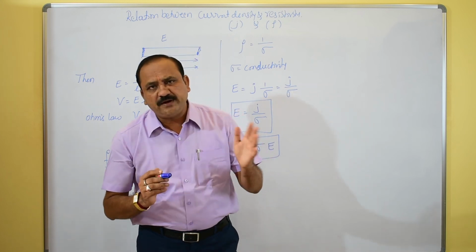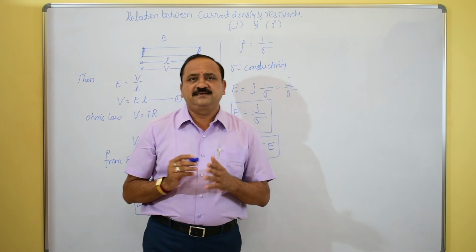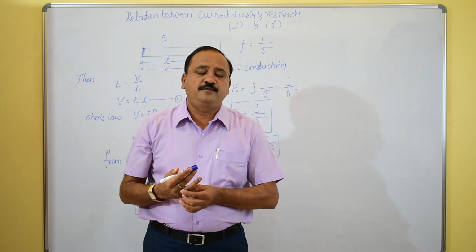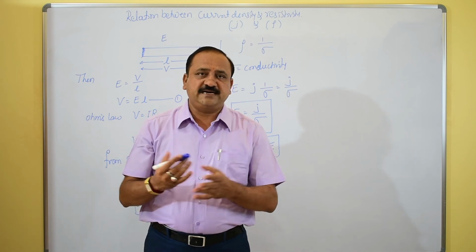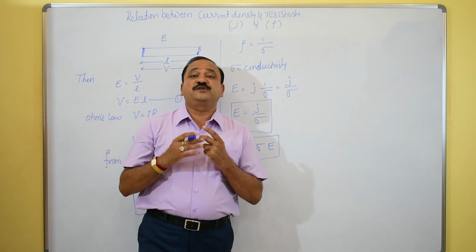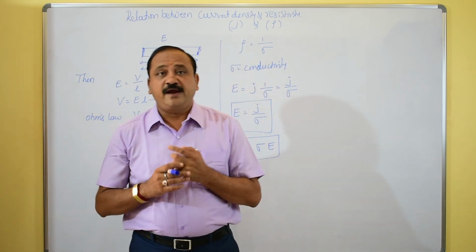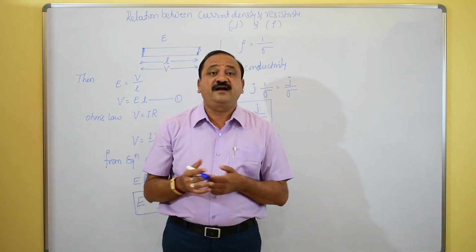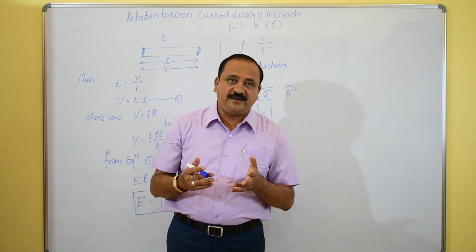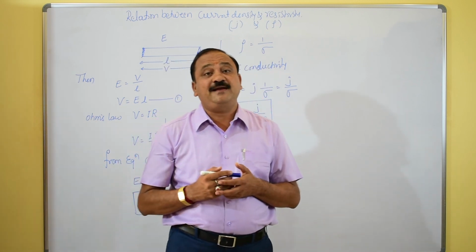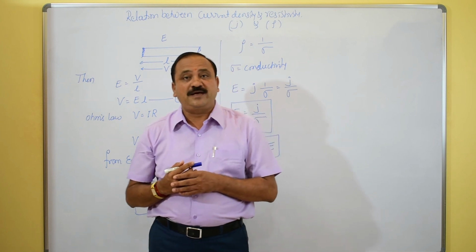Before going to all these things, especially in current electricity, there are a few more important concepts. As I told, firstly, what are the current carriers, what actually is meant by electric current, and the current in a conductor, and how drift velocity and relaxation time are defined.